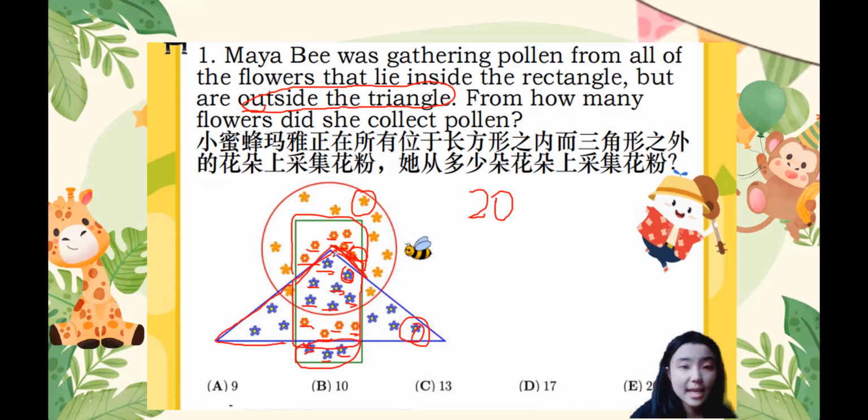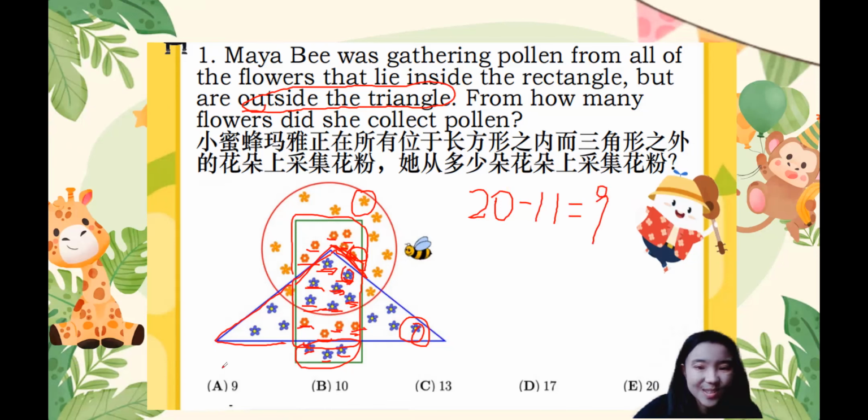Before we do that, we need to count how many flowers are inside the triangle. 1, 2, 3, 4, 5, 6, 7, 8, 9, 10, 11. So 11 flowers are inside the triangle. So we need to minus this 11 from the rectangle's 20 to get 9 flowers inside the rectangle but outside the triangle. So it should be 9, we choose A.